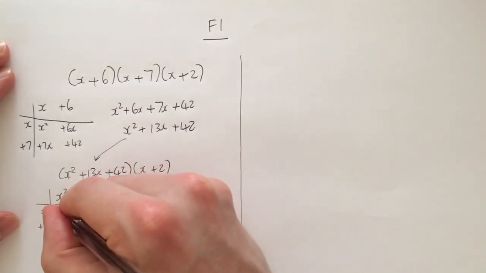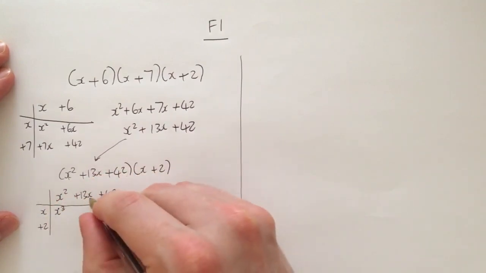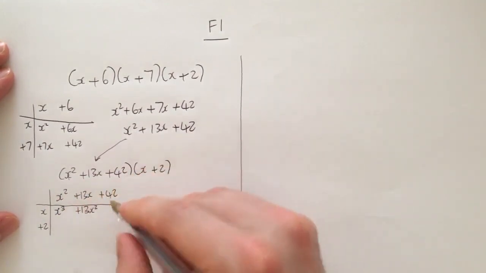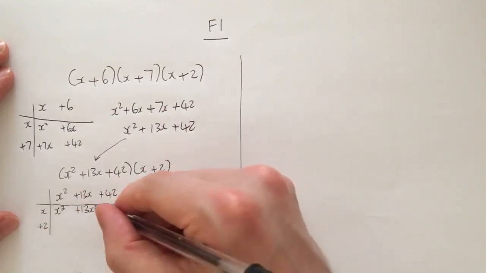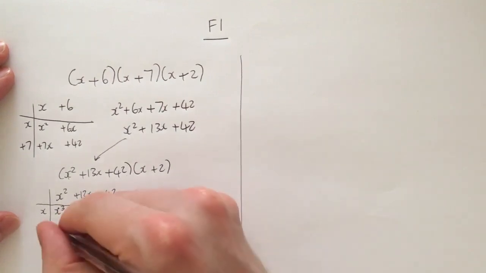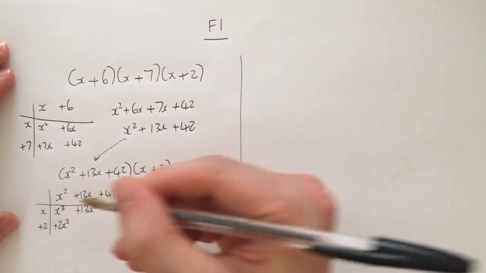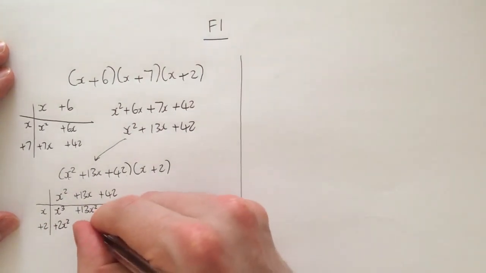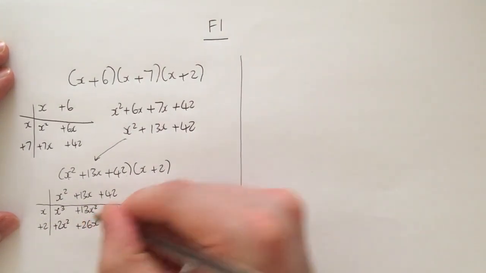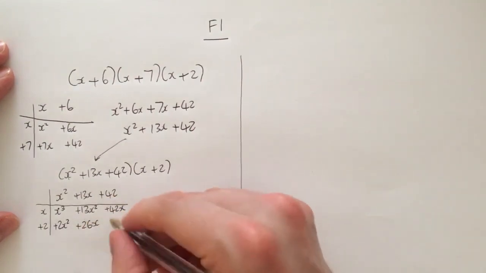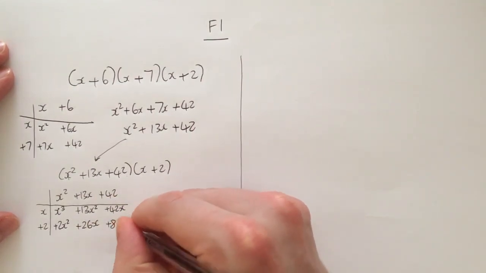x squared times x is x cubed, 13x times x is positive 13x squared, 42 times x is positive 42x, x squared times positive 2 is positive 2x squared, 13x times positive 2 is plus 26x, and then positive 42 times 2 is positive 84.